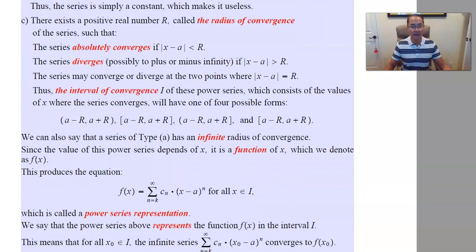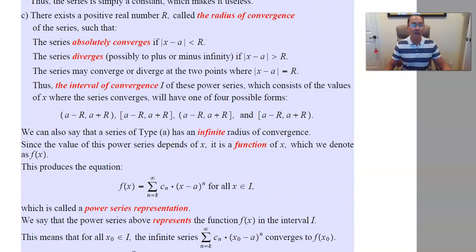In our case, it was the number 5. So that when the absolute value of x minus a, our x plus 2, is smaller than 5, we have an absolutely convergent series. When that absolute value is bigger than r, we get a divergent series. But when it's exactly equal to r, we may or may not have a convergent series.